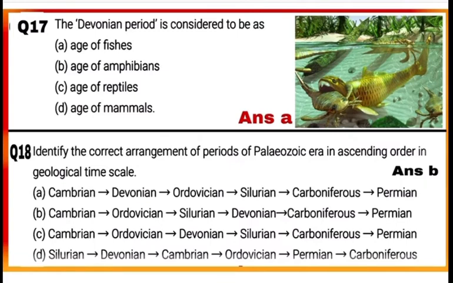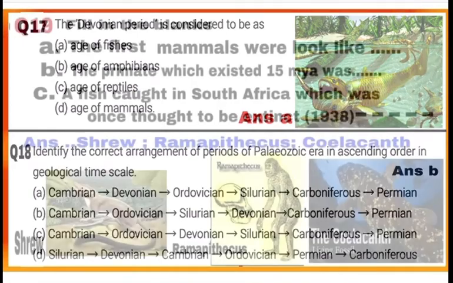Identify the correct arrangement of periods of Paleozoic era in ascending order in geological time scale. Correct arrangement is given in option B. It is Cambrian, Ordovician, Silurian, Devonian, Carboniferous and Permian. So mark B as a correct answer.